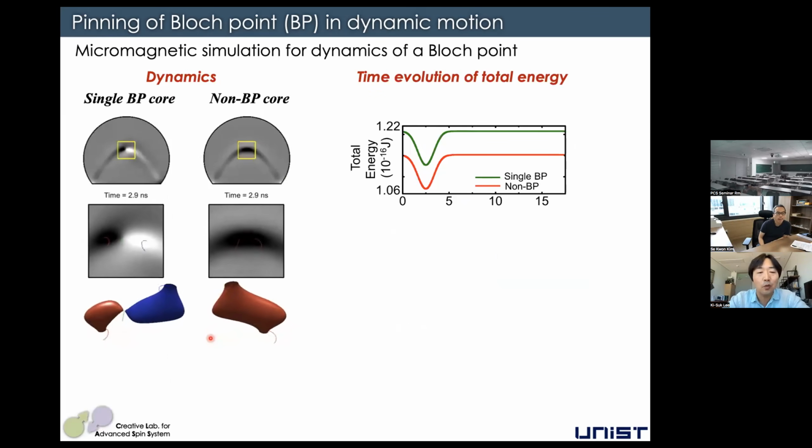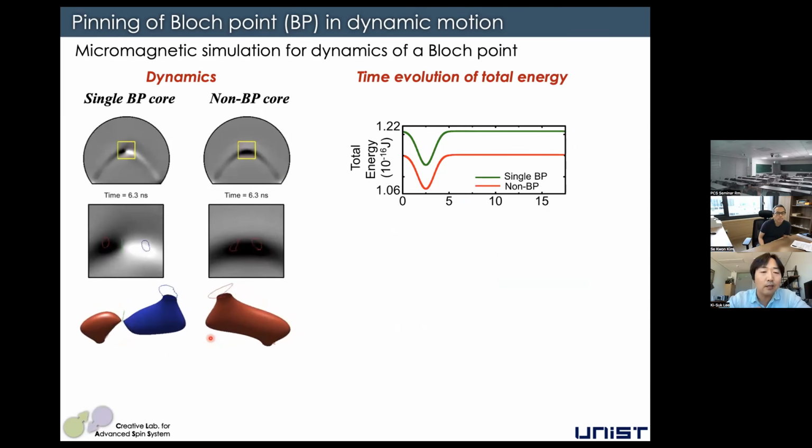You can also see clear differences in our simulation results. The first one is a single Bloch point core structure, and the second one is a trivial vortex core structure.